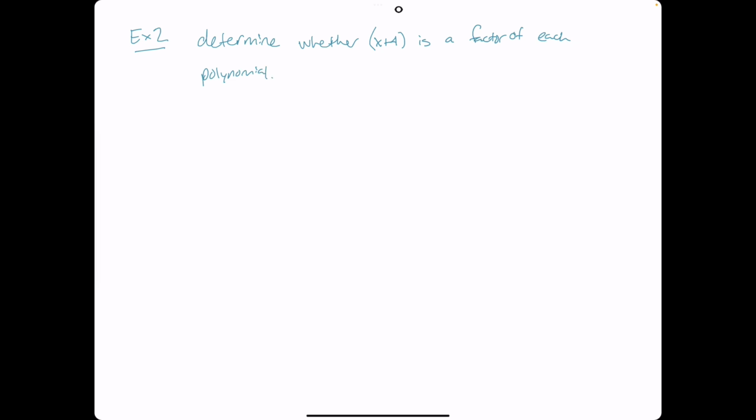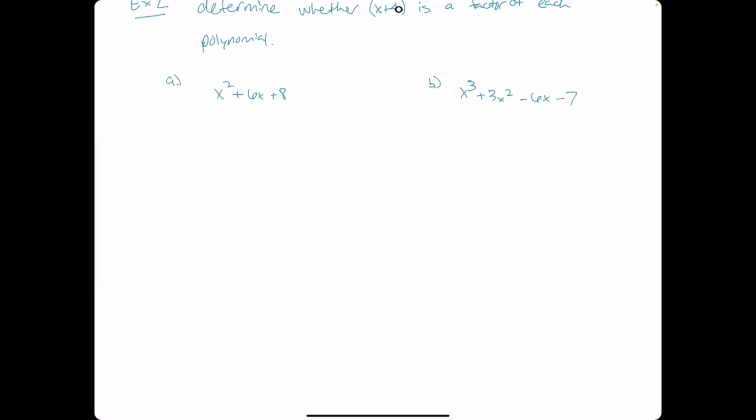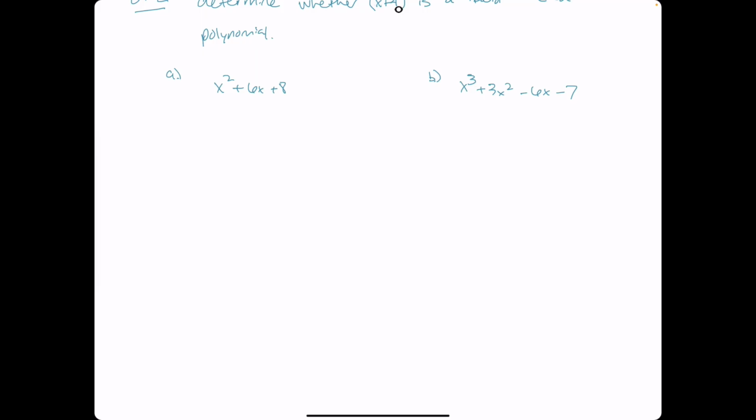So you got the first one of x squared plus 6x plus 8, and then the second one is x to the third plus 3x squared minus 6x minus 7. So we're going to set those up as division, right? To see if it actually works out evenly. In other words, no remainder.